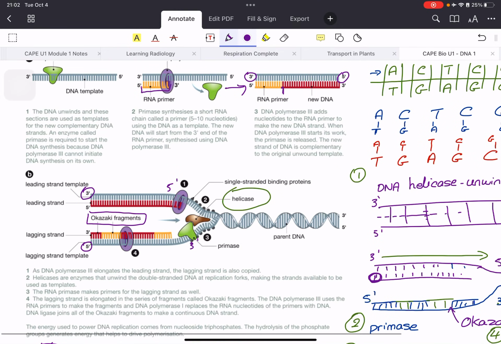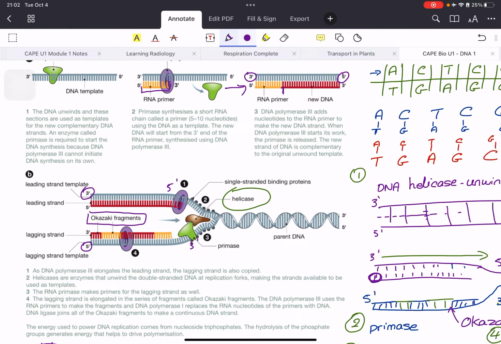So there are 4 main steps. DNA helicase unzips the original DNA molecule into 2 separate chains. Then you have primase coming to prime the 2 chains. DNA polymerase comes to add on the bases and add on the complementary chains to each chain.